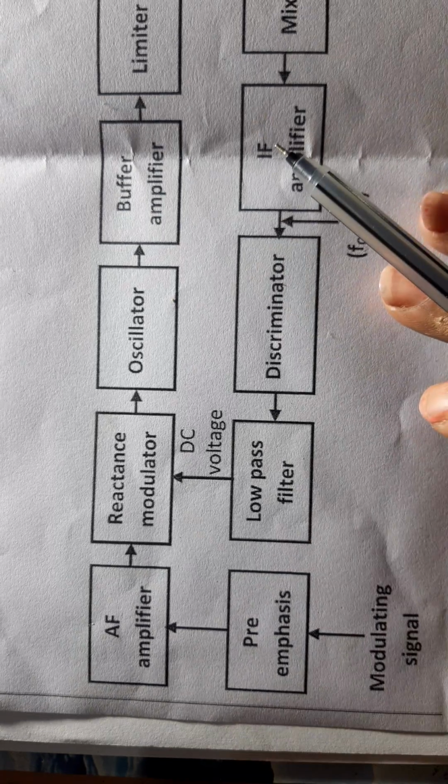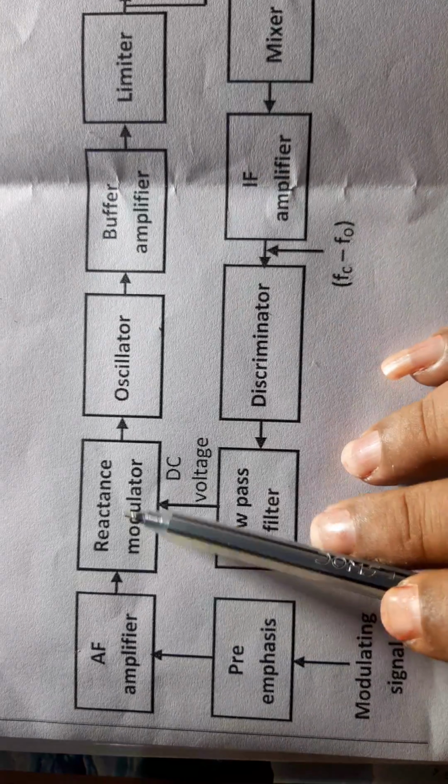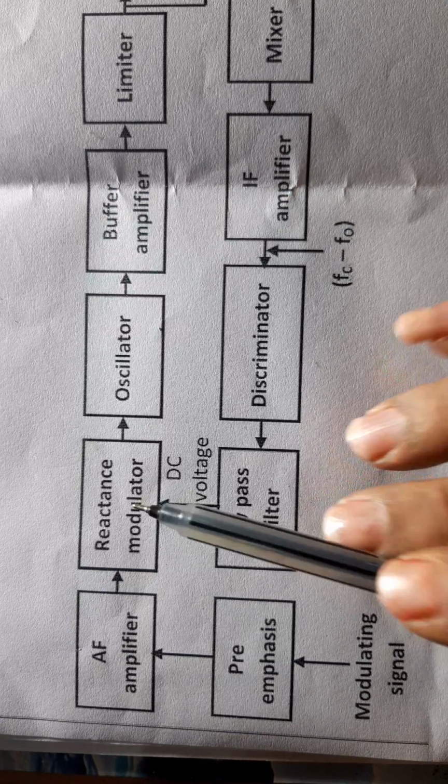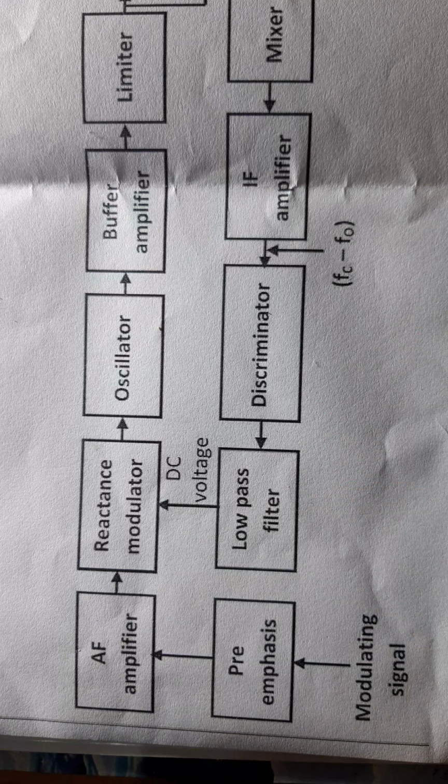Now see, the next one is the reactance modulator. We have already studied the FET reactance modulator, where the output of the FET reactance modulator is a capacitive reactance or inductive reactance. This capacitive reactance or inductive reactance is directly proportional to the amplitude of the message signal, and therefore it is frequency modulated wave.